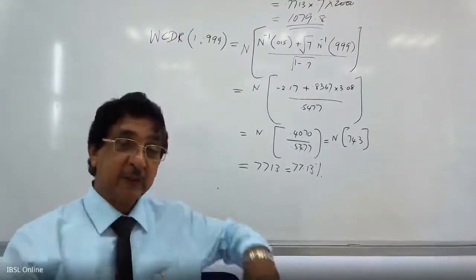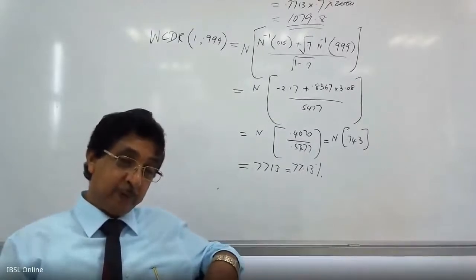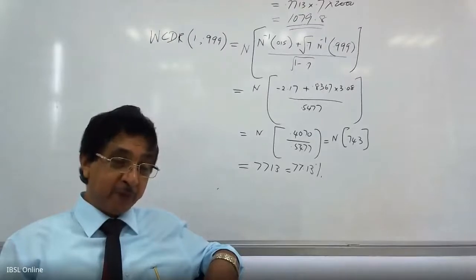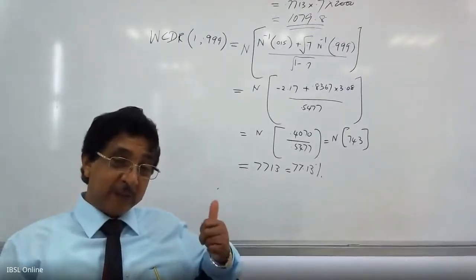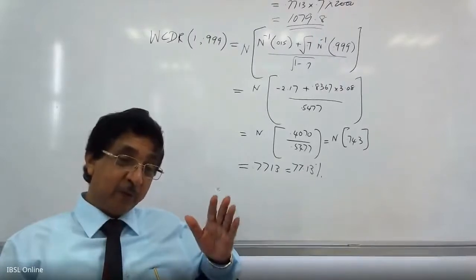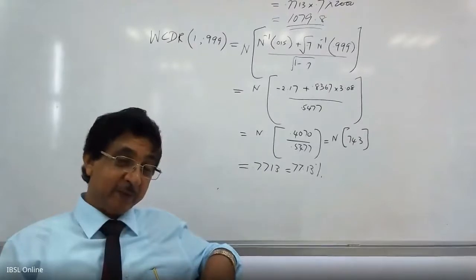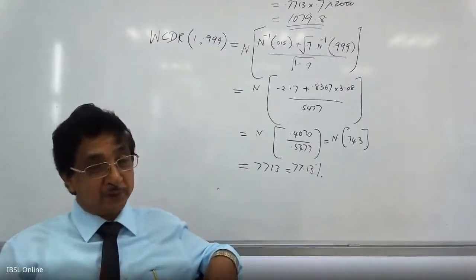Now you can see how the probability of default goes up. In the normal scenario, the probability of default is only 1.5%, whereas in this worst case scenario, the probability of default went to 77.13%. That's an exponential type of increase in the probability of default.